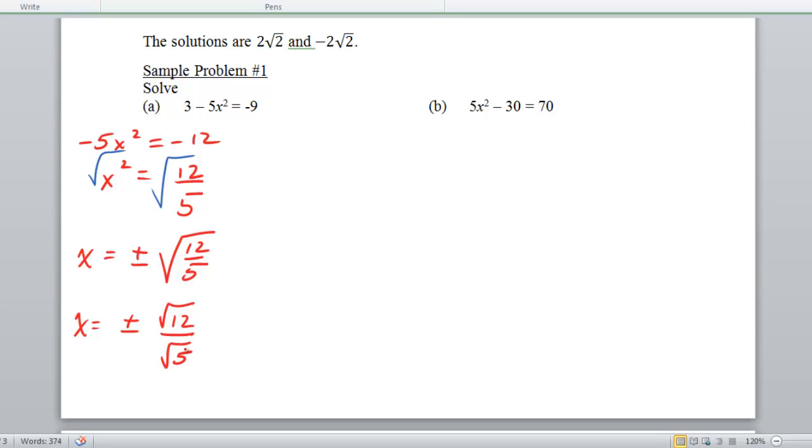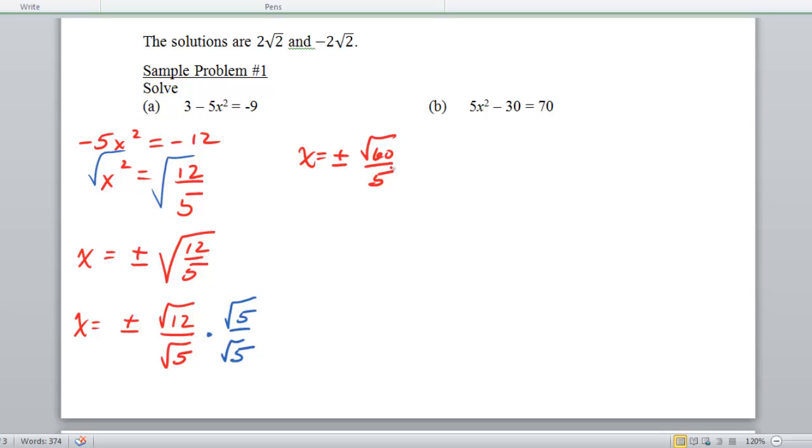And then we run into another simplifying radical rule that says we can't have a radical in the denominator, and so hopefully you remember how to rationalize the denominator, and that's going to give us x equals plus or minus the square root of 60 over 5.